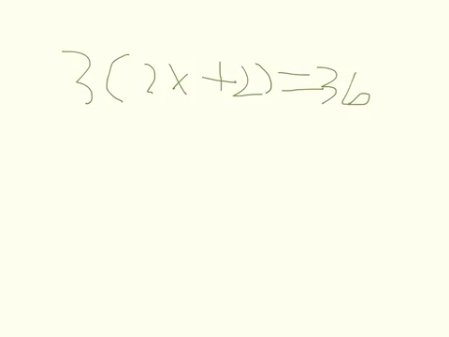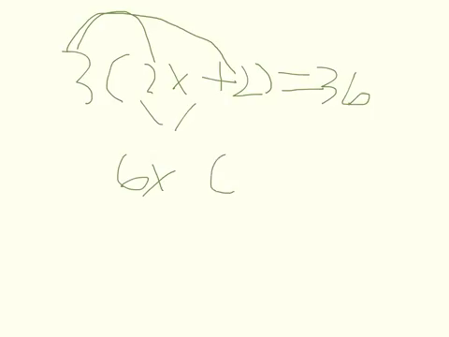Well, my friend, we'll need to be using the distributive property, which works for all the operations: addition, subtraction, division, and multiplication. And so to solve this, you need to multiply 3 times 2x, and then 3 times 2, which gives you 6x, and then also 6.